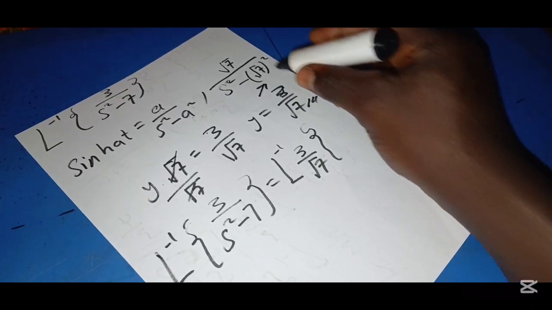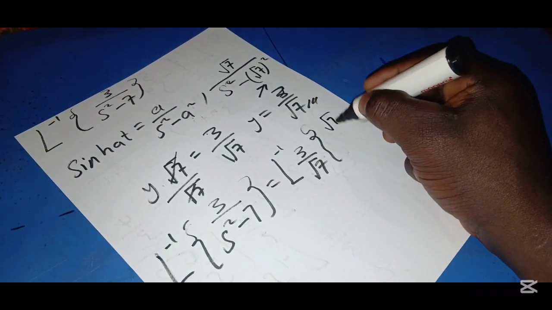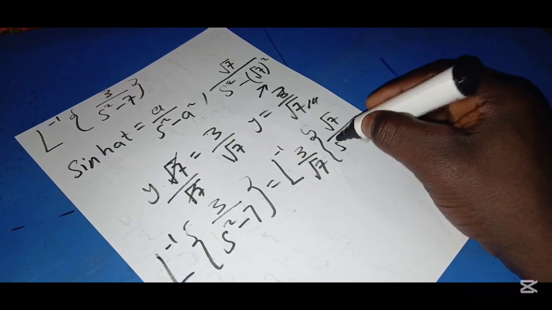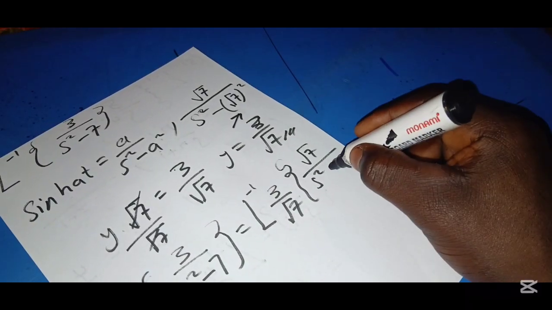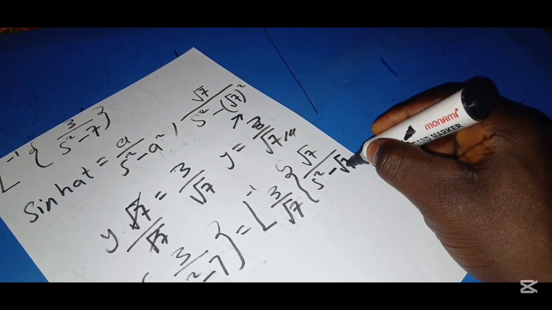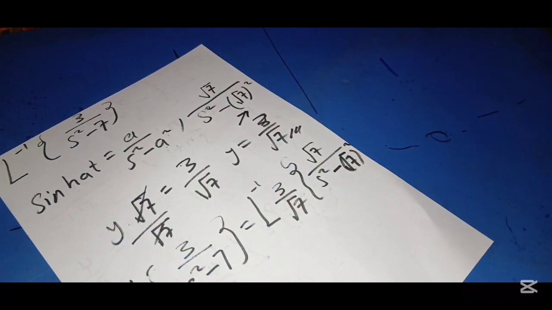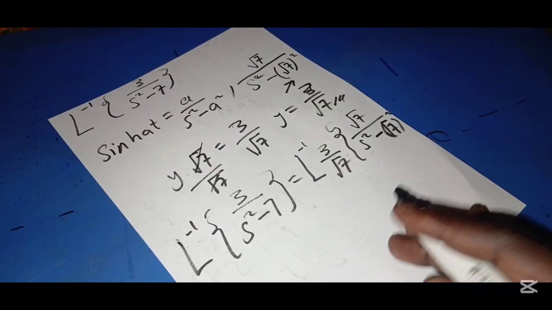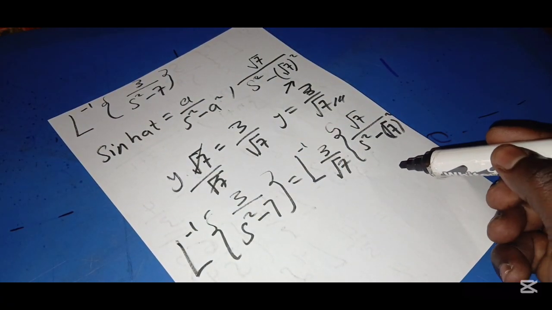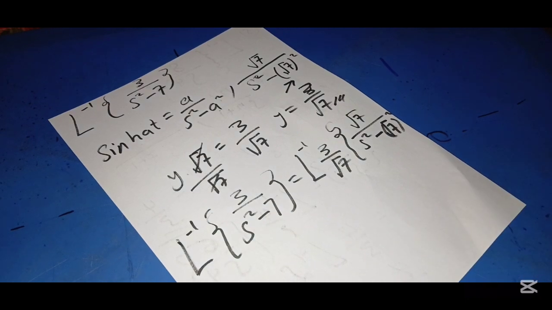So 3 over square root of 7 all times the inverse Laplace of square root of 7 over s squared minus square root of 7 all squared. Our interest here is to know the value for a and to see whether there was a constant.